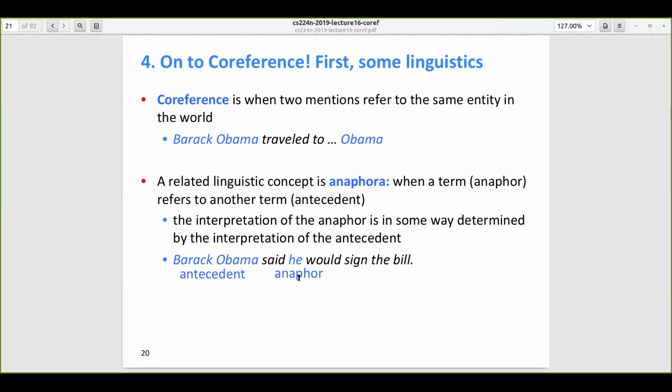Whenever we have a coreference, we need at least two words. In this case, we have Barack Obama and he. The word that comes first, the word to which another word refers back, is the antecedent, and the word which is referring to another entity like Barack Obama, which is he, is the anaphora.